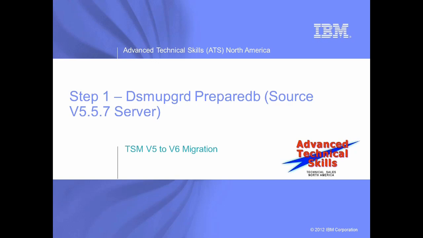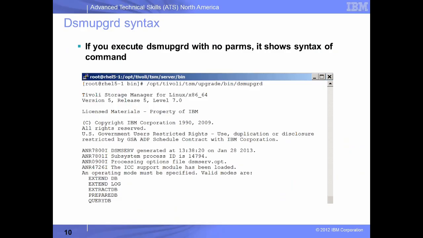And one thing I will point out here is the DSM upgrade utility, the set of tools that you're going to download from the FTP site. Those have other capabilities besides just doing an extract DB and a prepare DB. There's actually several other options that you can do with this particular tool.